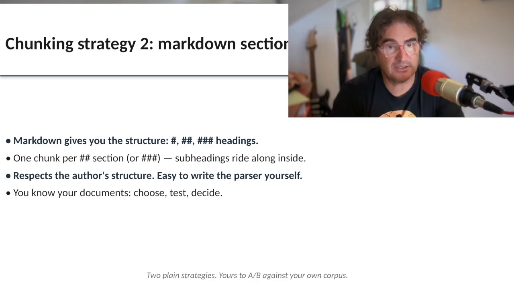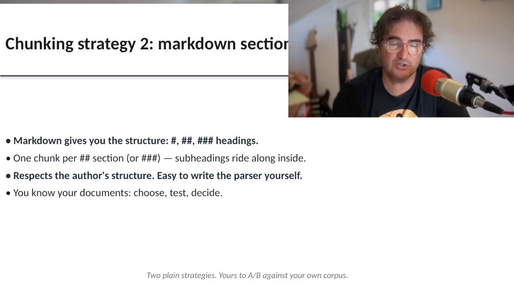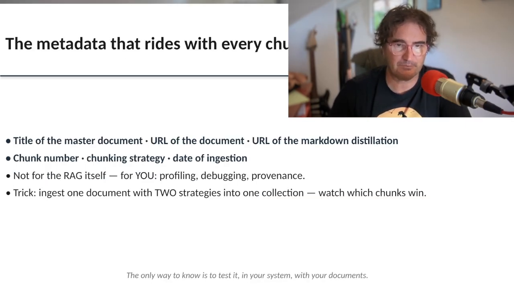You know your document and you can choose that. It's easy to create a parser that does that, and this is interesting because it's going to respect the author's structure. So you choose, you test, and then you decide what chunking strategy you are going to use in your RAG system.